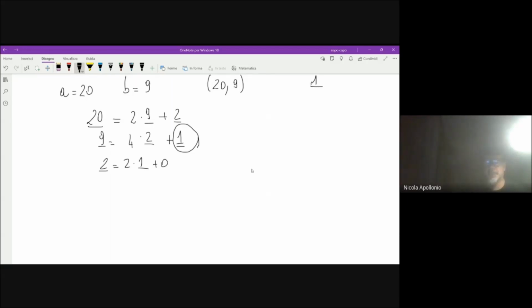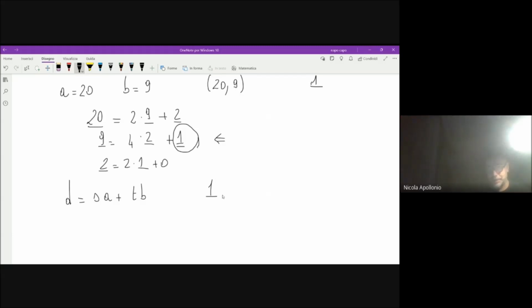But what is most important for us is the reverse procedure. Here is the common divisor. Now we know that the greatest common divisor of any two numbers A and B is always, by Bezout identity, a linear combination of the two numbers.